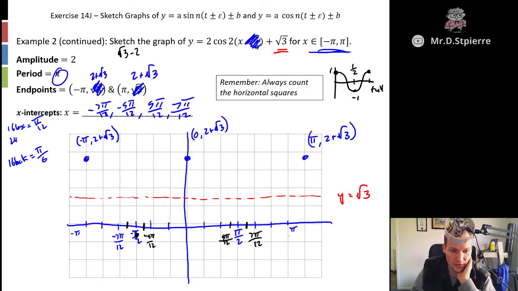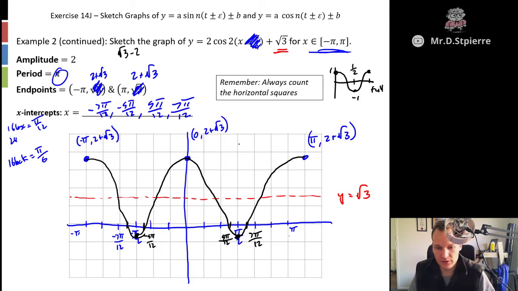So our graph comes through like that, and then it's going to repeat again, like so. Now, my lines aren't very great using this digital tablet, but you get the idea.